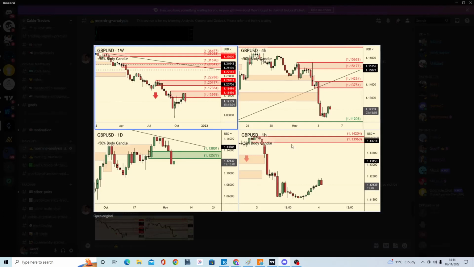I'll also show my supply and demand zones. We're kind of in no man's land in terms of supply and demand, but we are trending down on weekly. You can see we hit this weekly supply zone and we are now engulfing down. This daily demand, pardon me, was broken and we're moving up slightly.